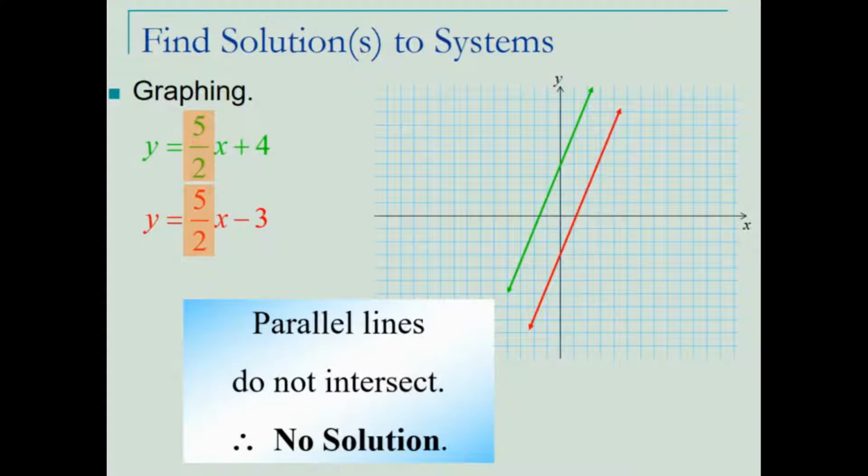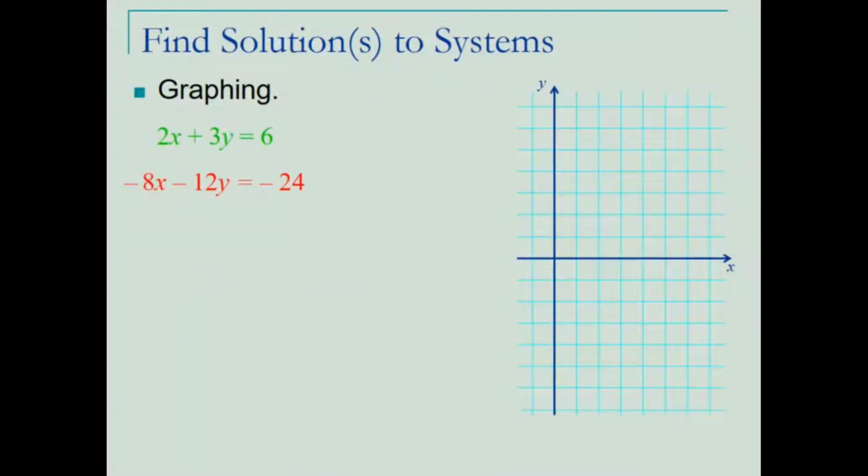The other thing to note here, parallel lines have the same slopes. What we have to look out for is that they have different y-intercepts, which is the case here. Moving on then, let's look at a third example where we have two lines. Again, to find a solution to this system, we'll graph each line.